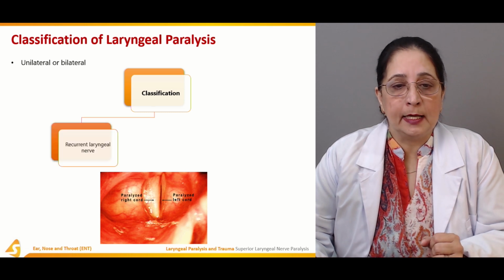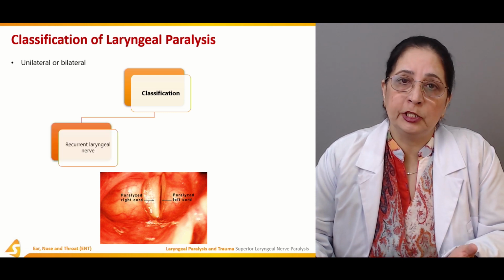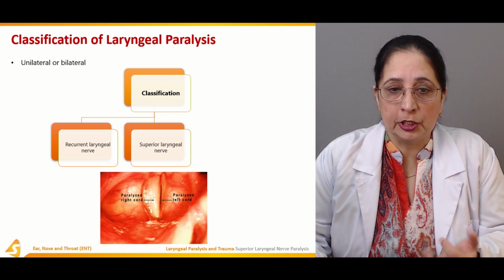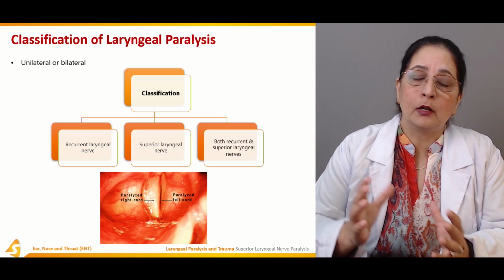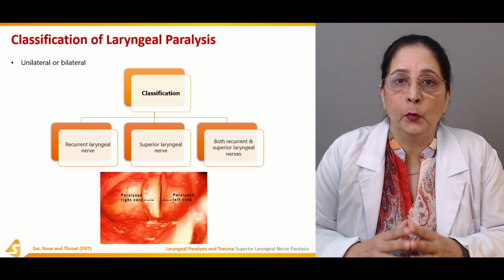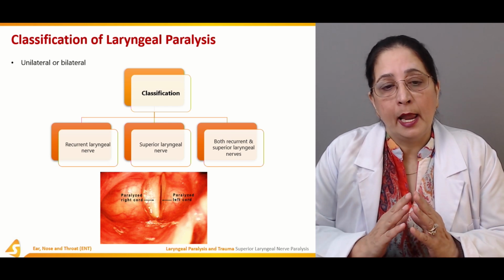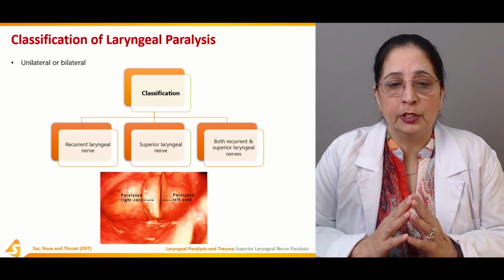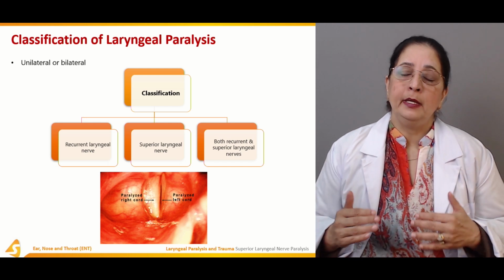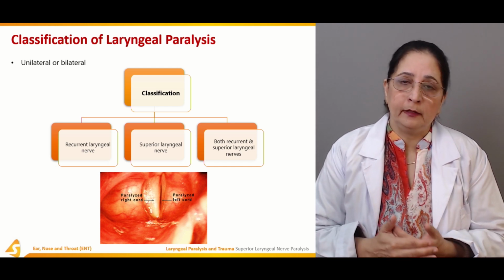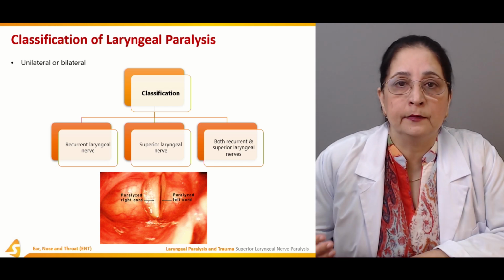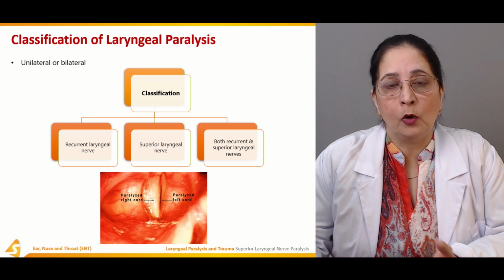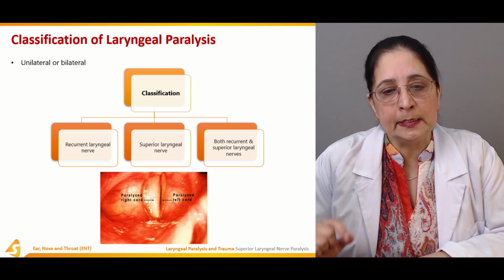Classification of paralysis: we have paralysis due to recurrent laryngeal nerve, superior laryngeal nerve, or combined, which involves both the superior and recurrent laryngeal nerves. So it can be because of the superior laryngeal nerve or the recurrent laryngeal nerve, and when both nerves are involved, it can cause combined paralysis.